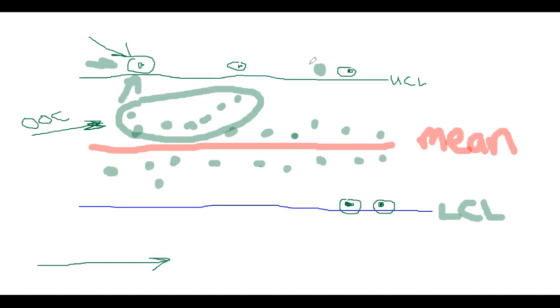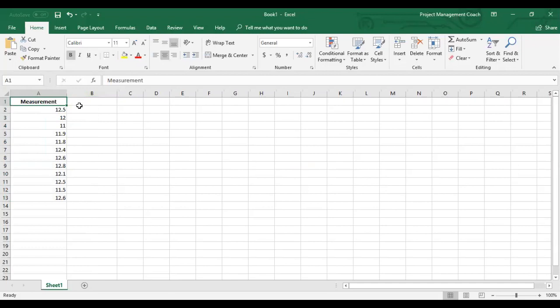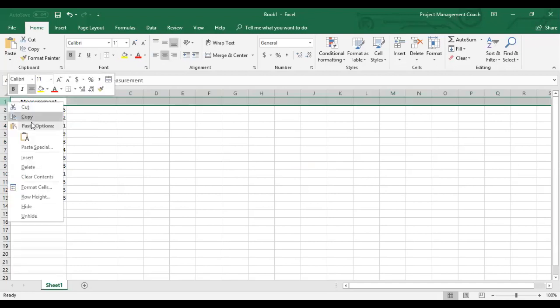Let's go back to what I was showing you a few seconds ago in Excel, and let's continue talking about that. So here we are with the measurements that we're taking of that particular widget that should have been 12.5. What we're going to do now is first of all find the mean.